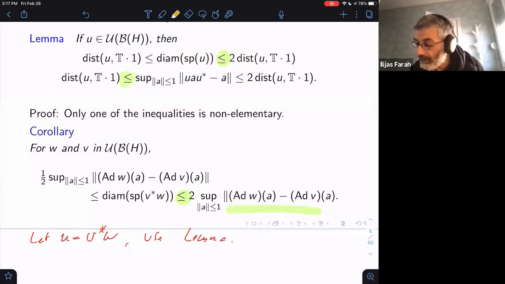For the other inequality, this diameter is greater than or equal to the distance from U to the scalars, and that distance, once you divide by 1/2, is greater than or equal to this here, and so you get this. Okay. All right. Any questions?